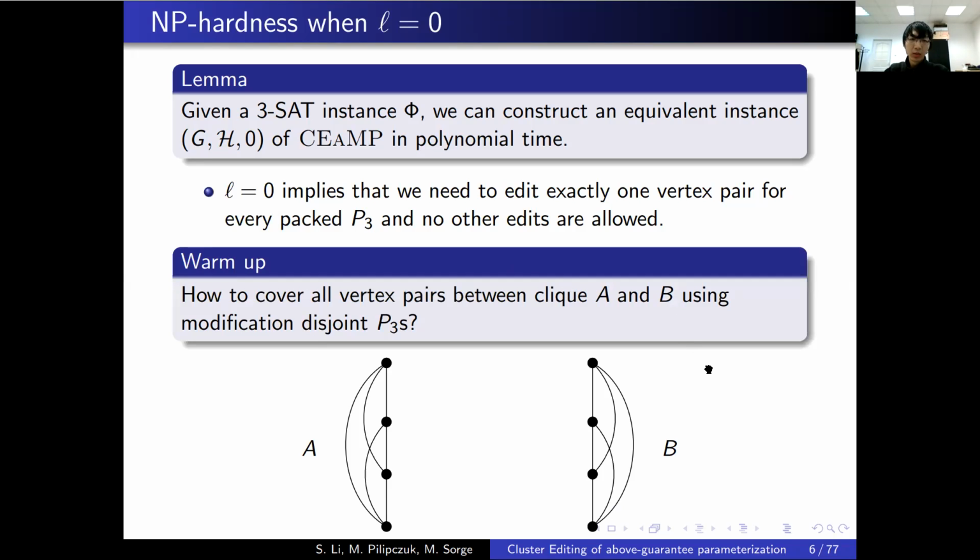First, let's do a warm-up exercise. Suppose we are given 2 cliques A and B, each of size 4. How can we cover all vertex pairs between clique A and B using modification-disjoint P3s? This is a solution.